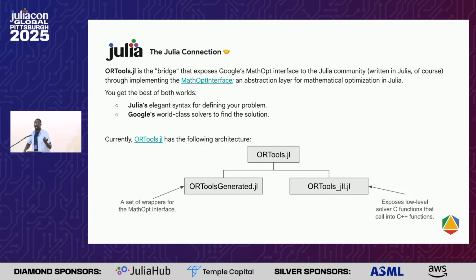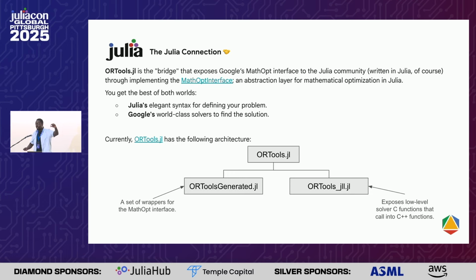And that also comes with a set of functions to correctly serialize and deserialize any proto message that you send. And OR-Tools JLL consists of C functions that call into the underlying C++ functions. Most of these solvers are actually implemented in C++.